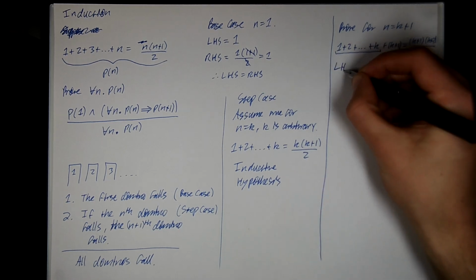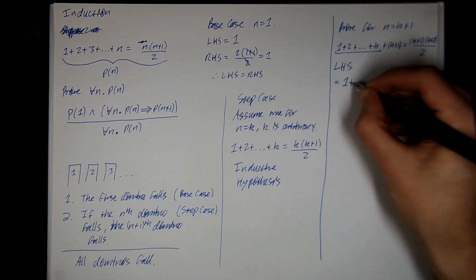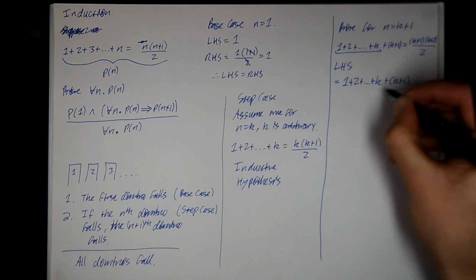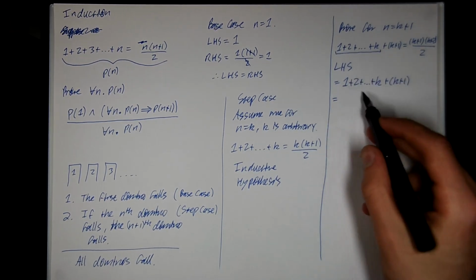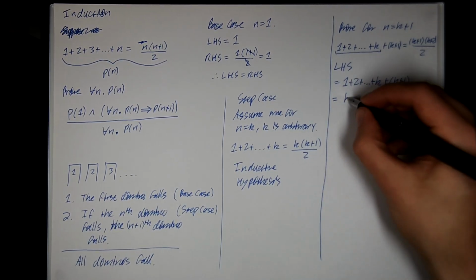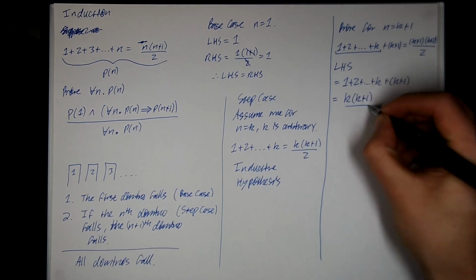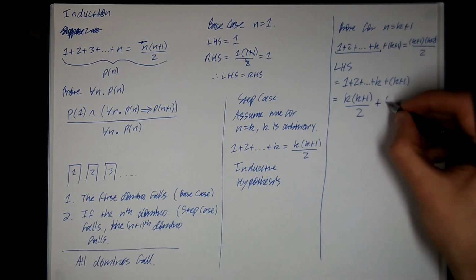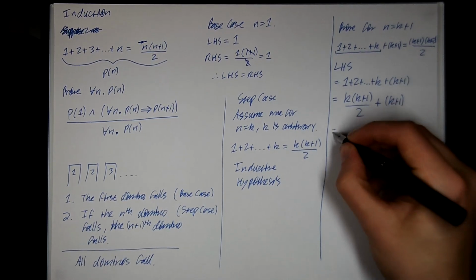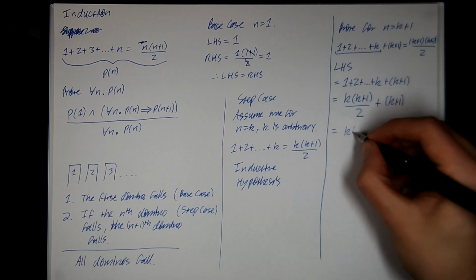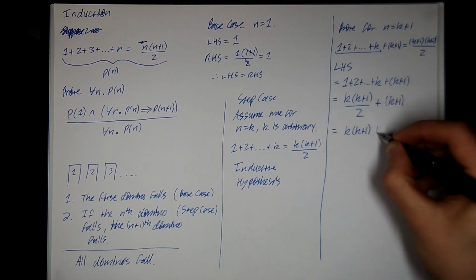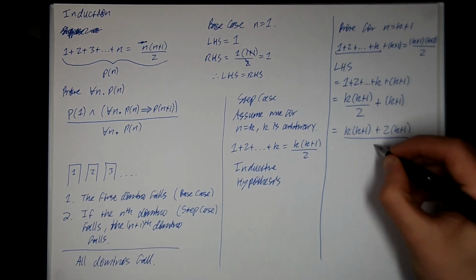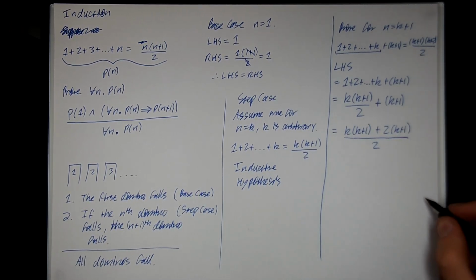The left-hand side is 1 plus 2 plus blah blah blah plus k plus k plus 1, which is the same as replacing this section with the inductive hypothesis. It's going to be k times k plus 1 on 2 plus this term here, k plus 1, which we can rearrange to be k times k plus 1 plus 2 times k plus 1, all on 2. So that's what the left-hand side is equal to.